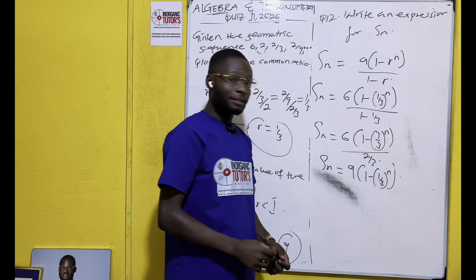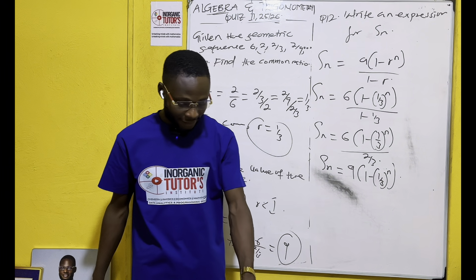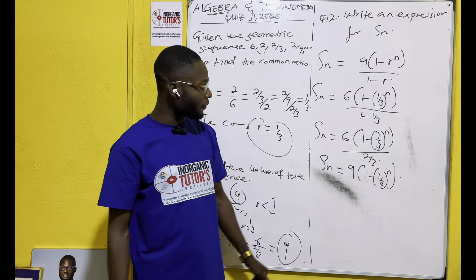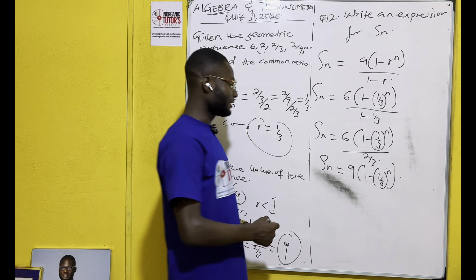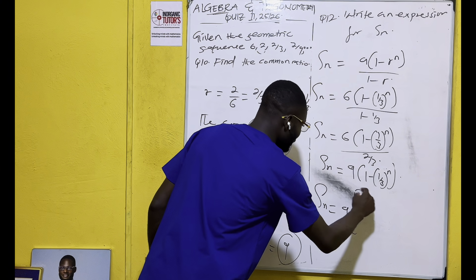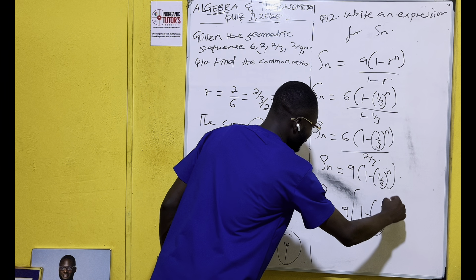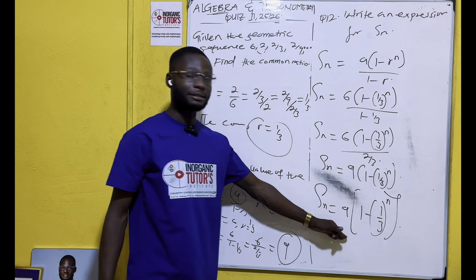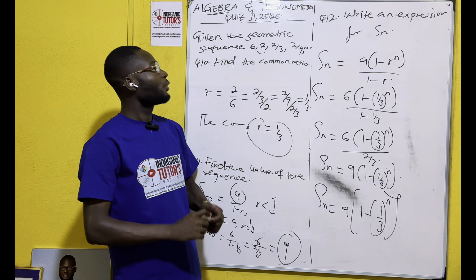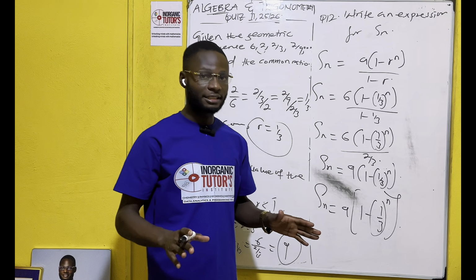That is the expression for Sn. So Sn is equal to 9, big bracket, 1 minus 1 on 3 to the power n. So we have basically solved question 10, 11, and 12 very easily.